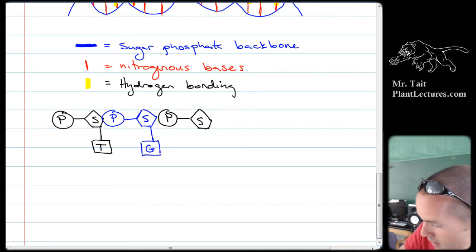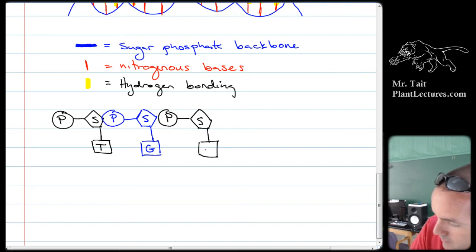And then let's say this one is adenine. Why not? Okay. Now, interesting thing about this is you can see that the next spot where stuff would bond to this is going to be right here. So we can say this one's moving in this direction.